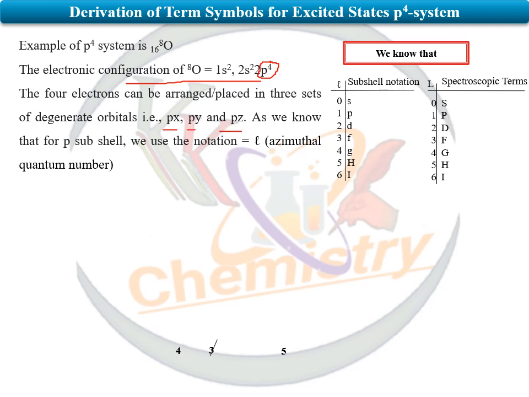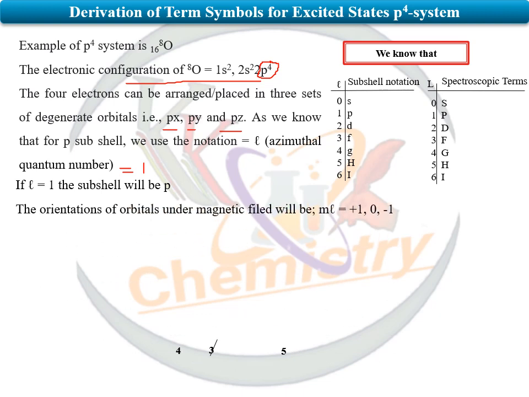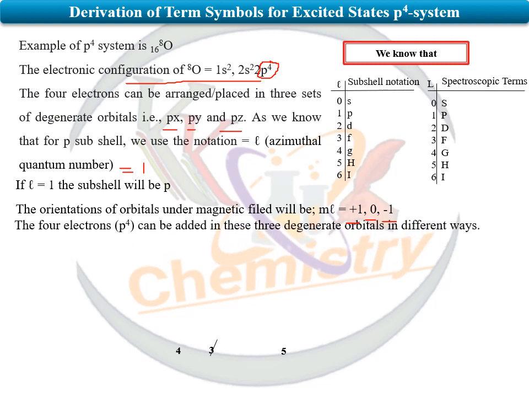As we know, for p subshell we use the notation L is equal to 1, so the subshell will be P. The rotation of this subshell is +1, 0, and -1 under a magnetic field. So these 4 electrons can be arranged in different ways in these 3 degenerate orbitals.